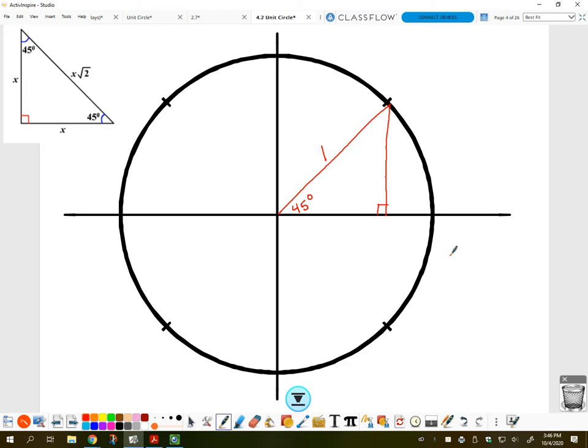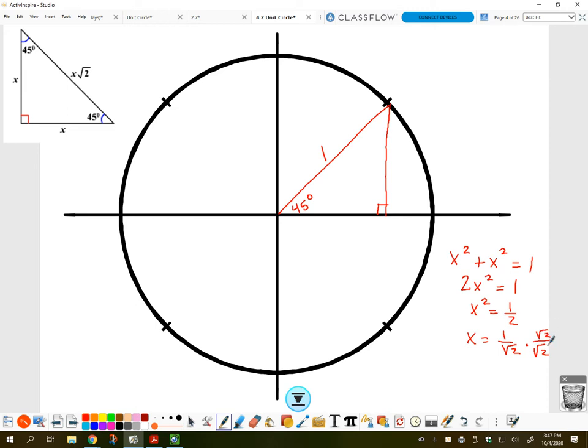Okay, so we have x squared plus x squared is equal to 1. So we know 2x squared is equal to 1. So we know x squared is equal to 1/2. So taking the square root of that, we have 1 over root 2. And then you have to rationalize.